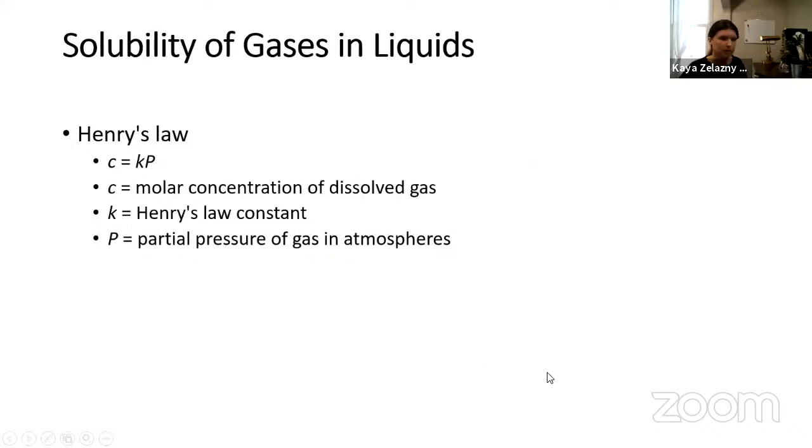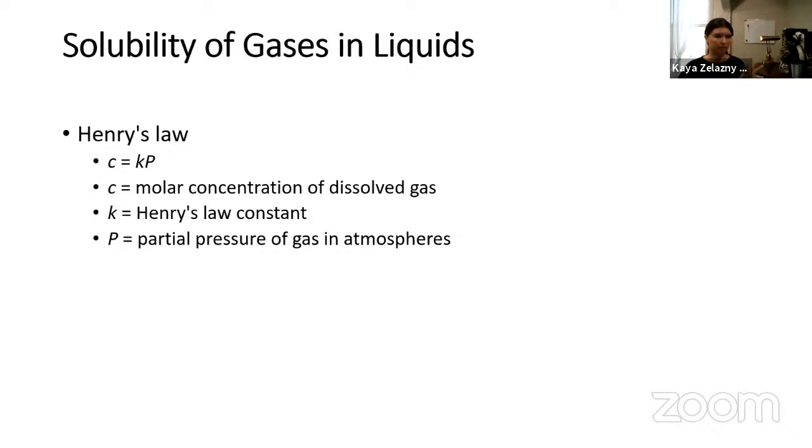So the solubility of gases is regulated by something called Henry's law, which says that C equals Kp, where C is the concentration of the gas, K is a constant, and that constant is not a general constant for everything. That constant is specific to an individual gas, like say oxygen, at a specific temperature.